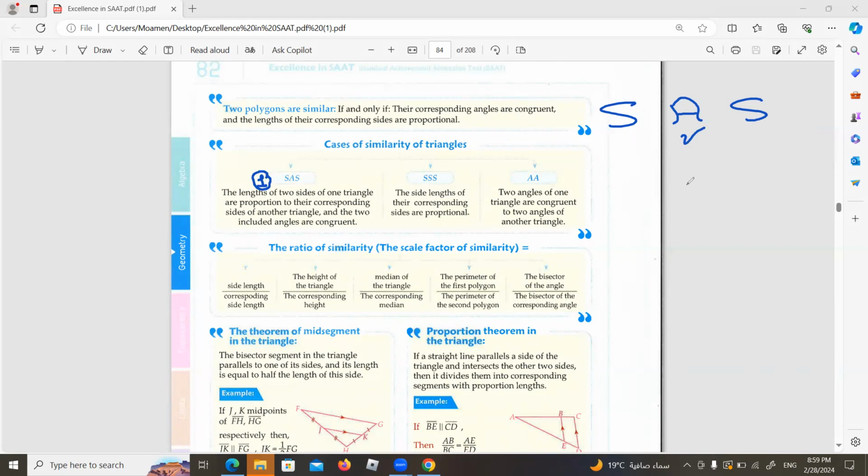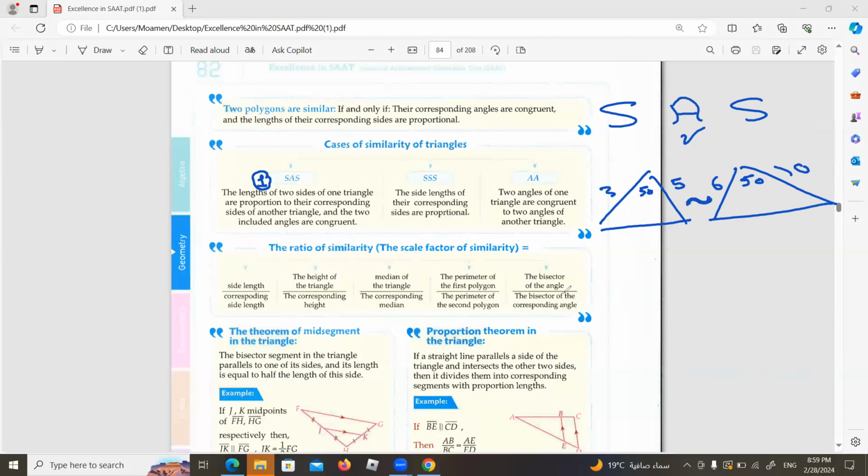If you have a triangle like this, this angle, for example, is 50, and this angle is 50. This side is 3, and this side is 5. This side is 6, and this side is 10. So they are similar, and this is the sign of similarity, like a wave.